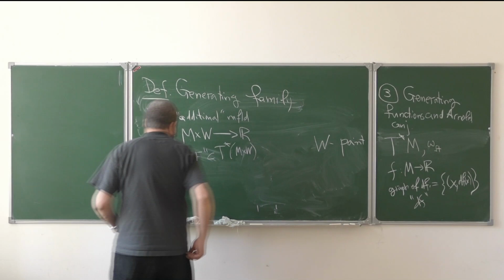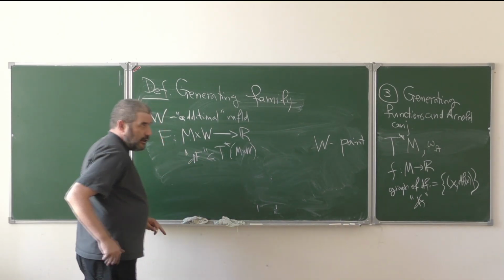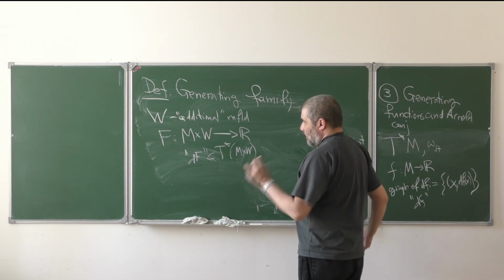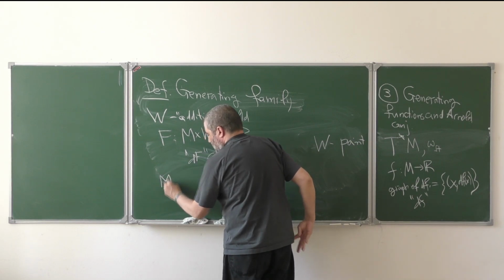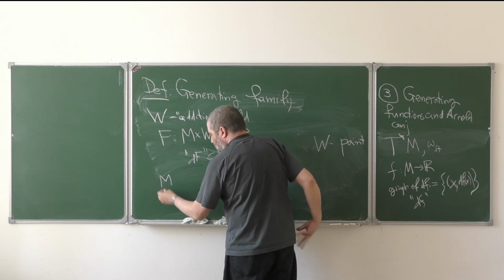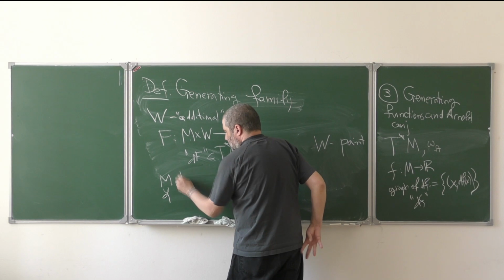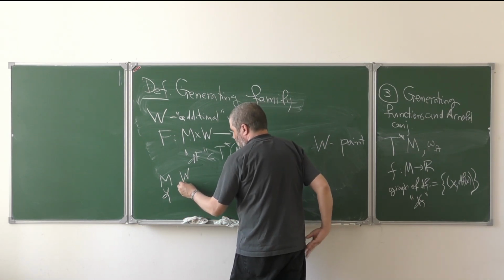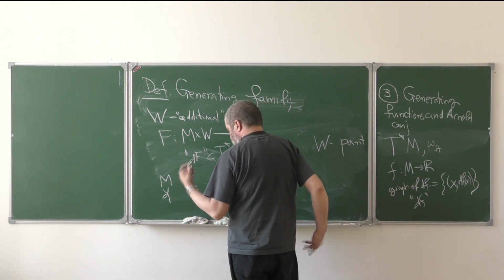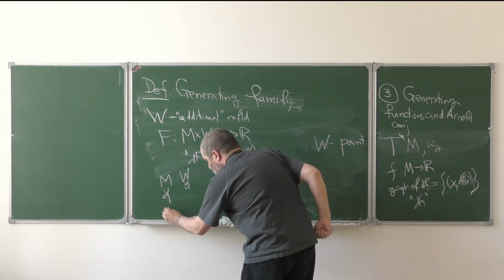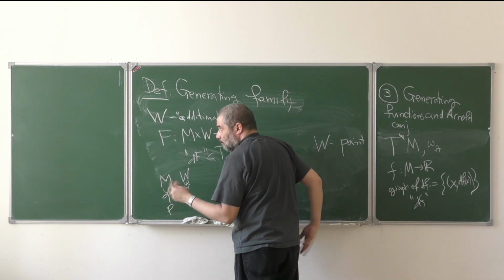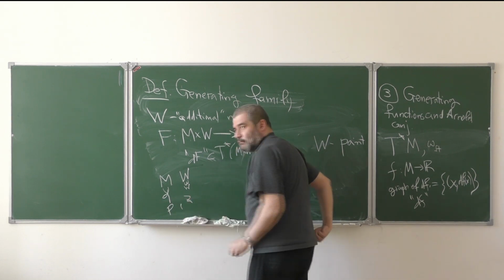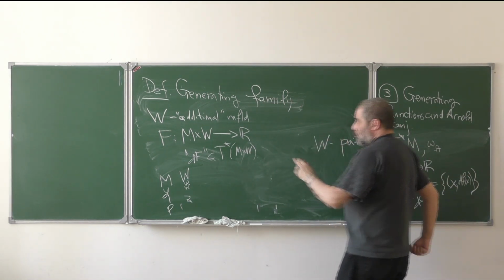Okay, what should I do? Let me introduce local coordinates. We have space M with coordinate Q on M. We have space W with coordinate w on W. And we have the covector components P and, I need a letter, Z. So I take this set.